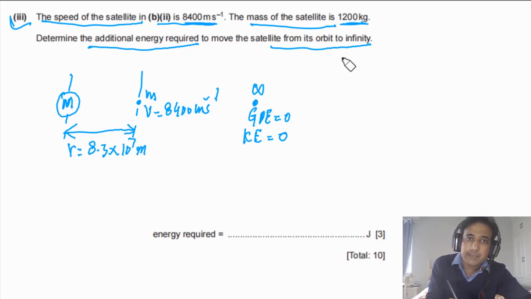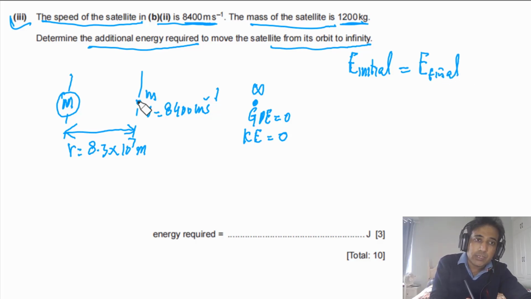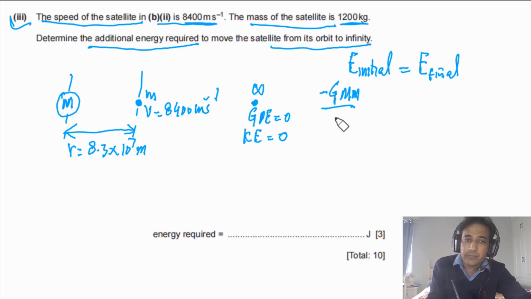So it simply means that the initial energy of the satellite has to be equal to the final energy of the satellite. Total energy at this point has to be equal to total energy at this point. So at this point we have GPE, that is negative G capital M small m divided by R, and kinetic energy is positive, 1/2 mv square, but the sum of these two will be negative.